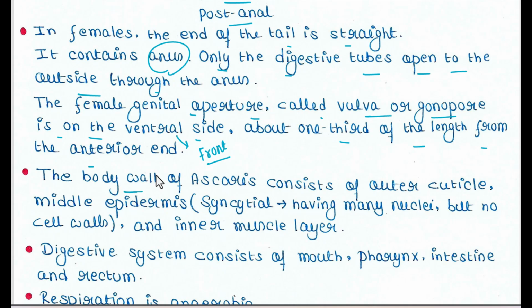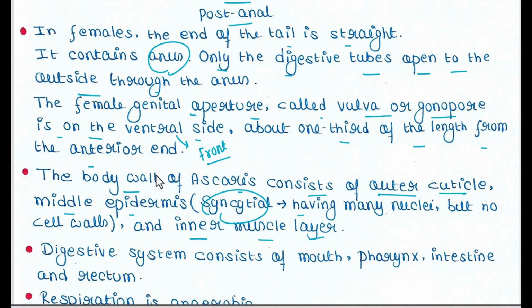And the body wall of both of them. The body wall of Ascaris consists of three main layers. The first one is the outer layer that specifically contains the cuticle, and below the cuticle there is the middle layer called the epidermis, and below the epidermis the inner layer, the muscle layer. The epidermis is syncytial.